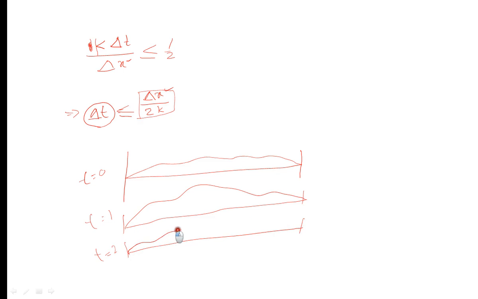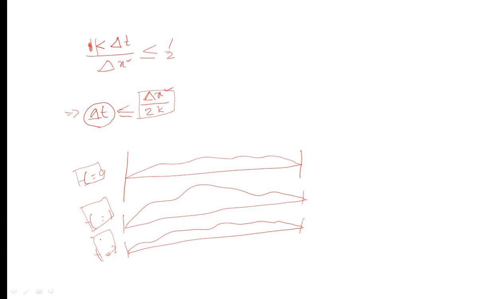So even this might be another difference. So this time step should be calculated from this explicit method. This is the only drawback of this explicit method. Otherwise, it is computationally very fast and mathematically very simple as well.